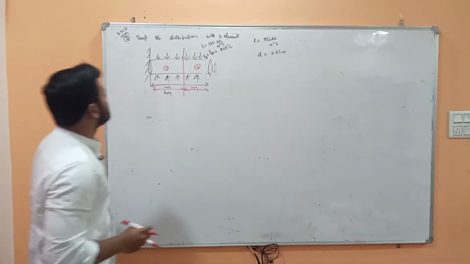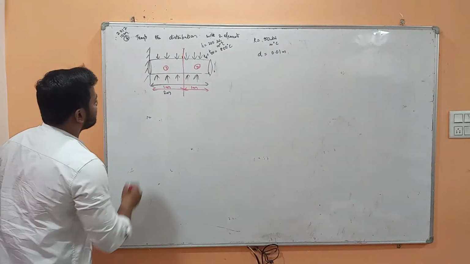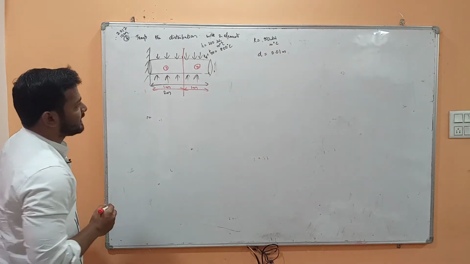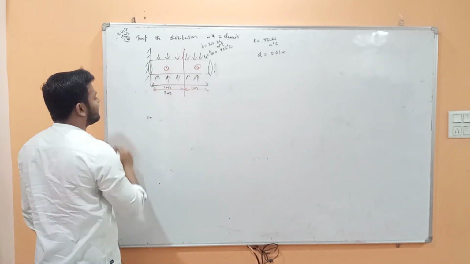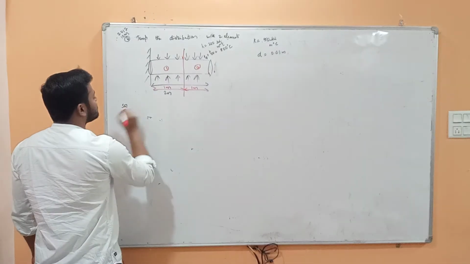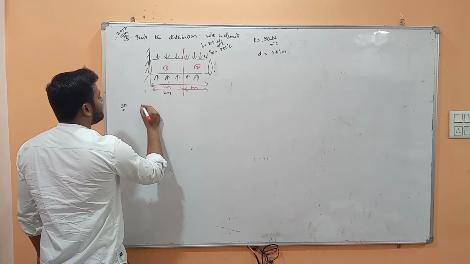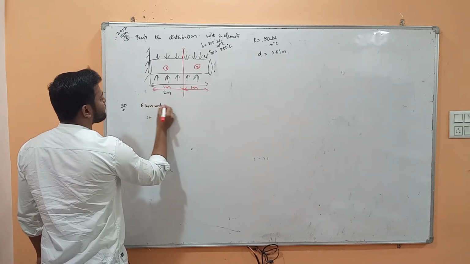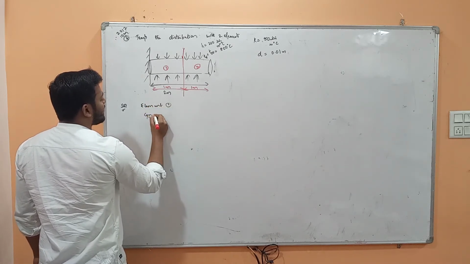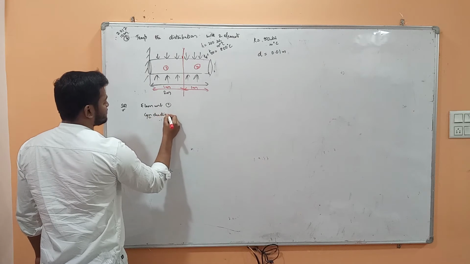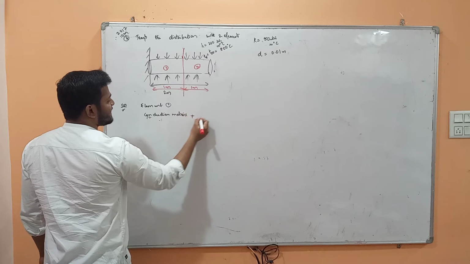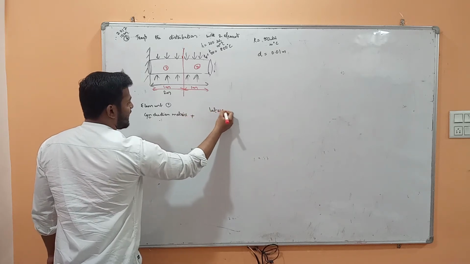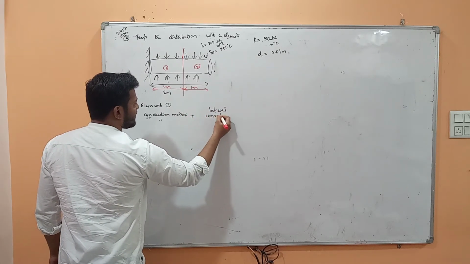Okay, so I am going to solve the problem. First, the matrix K, which will be there because this is a solid material. Solution, element 1: conduction matrix plus lateral convection matrix.